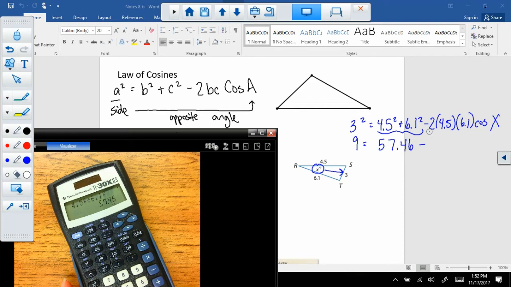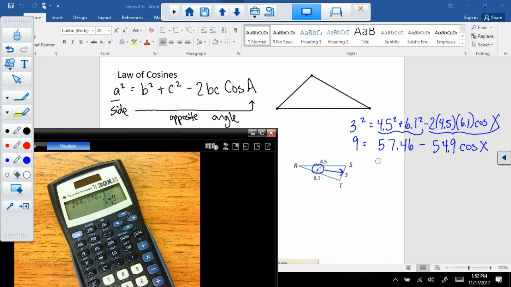and that number for those two parts is 57.46. All of this stuff is together, so I need to multiply what? 2 times 4.5 times 6.1. That is 54.9 times the cosine of x. What I'm doing now is solving this for x.